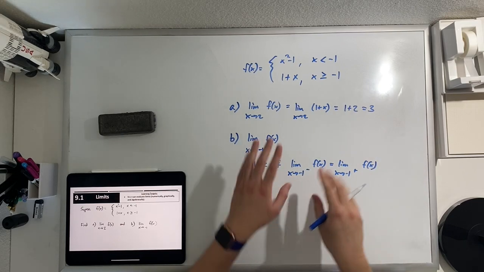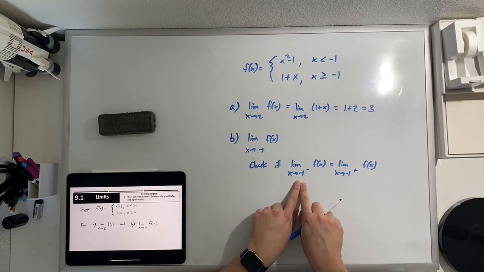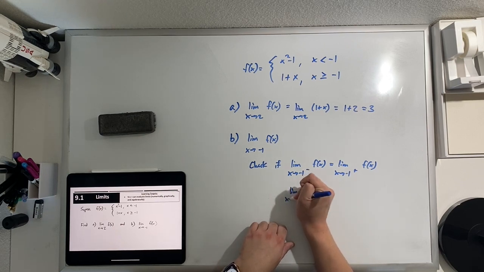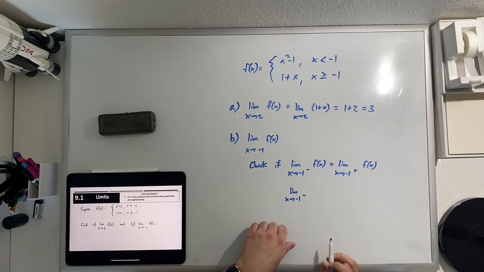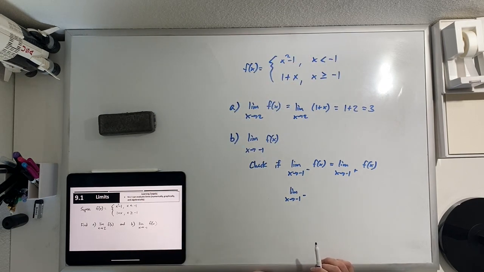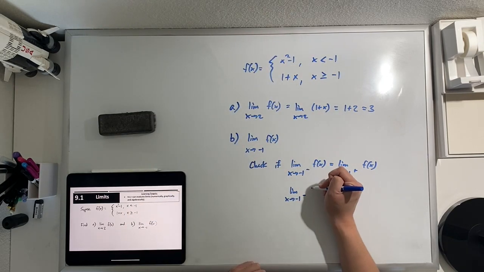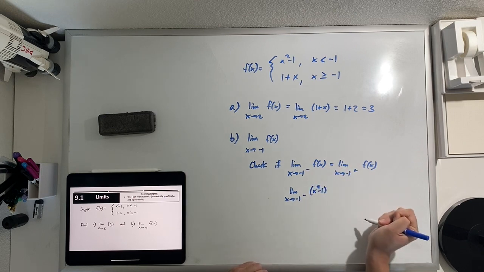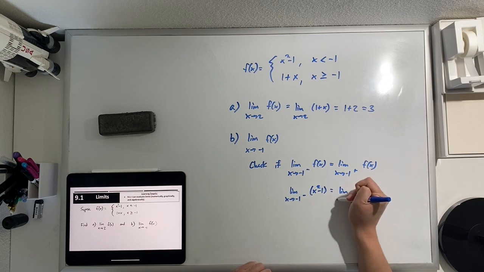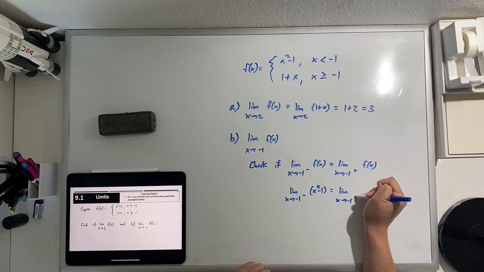All right, and so kind of like what we did for part A, negative 1 from the left, is that less than negative 1 or greater than negative 1? Well, if we're to the left of negative 1, that's going to be less than negative 1. So we're looking at this piece of our function. Is that equal to the limit as x approaches negative 1 from the right?